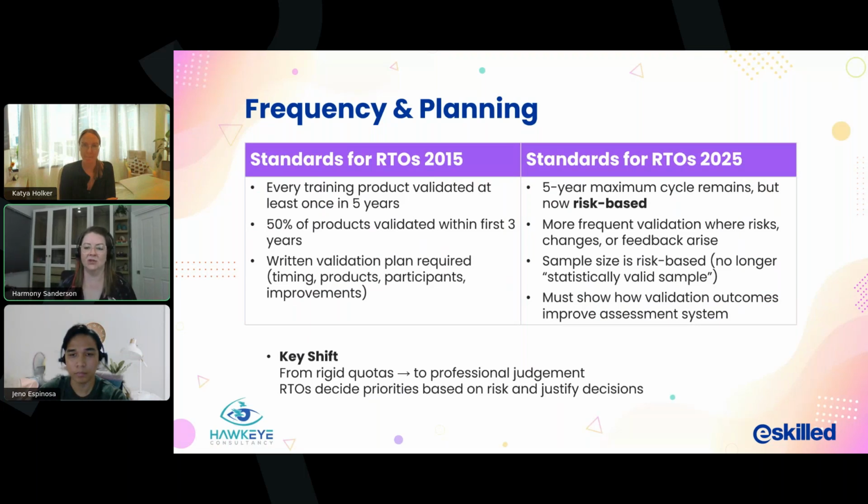RTOs must demonstrate how validation outcomes are used to improve the assessment system. So the key shift here is the new standards remove rigid quotas and instead emphasize professional judgment. RTOs must decide what needs validating more urgently based on risk factors and justify these decisions accordingly.